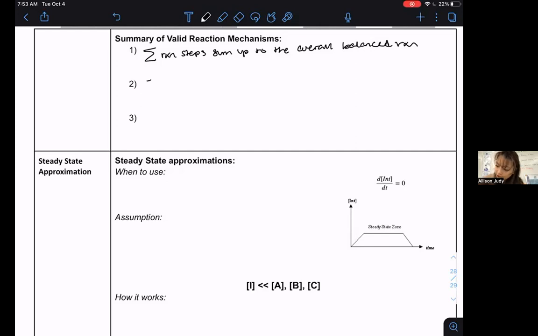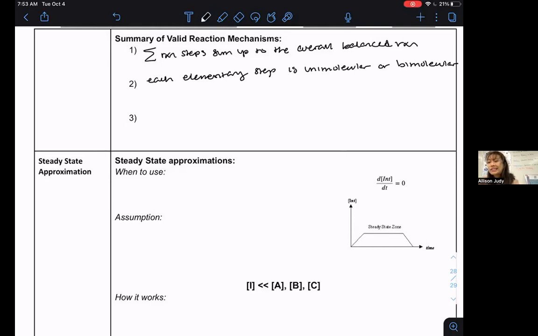Each elementary step is unimolecular or bimolecular.